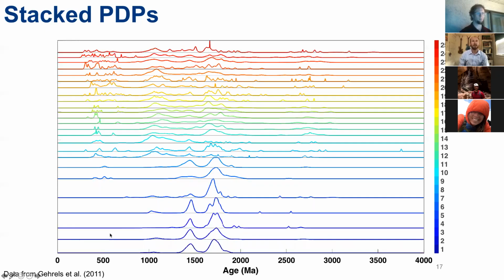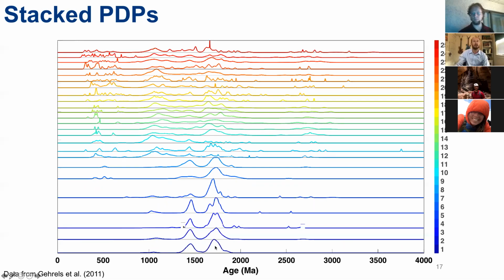Another way people look at these data is to take that plot apart and stack the probability density plots on top of one another. And a nice way to do that is to do it stratigraphically. If you've perused around the detrital zircon provenance literature, I'm sure you've seen tons and tons of these types of plots. But again, we're going from the bottom of the section to the top. And you could probably pull out that, well, okay, it's pretty simple.